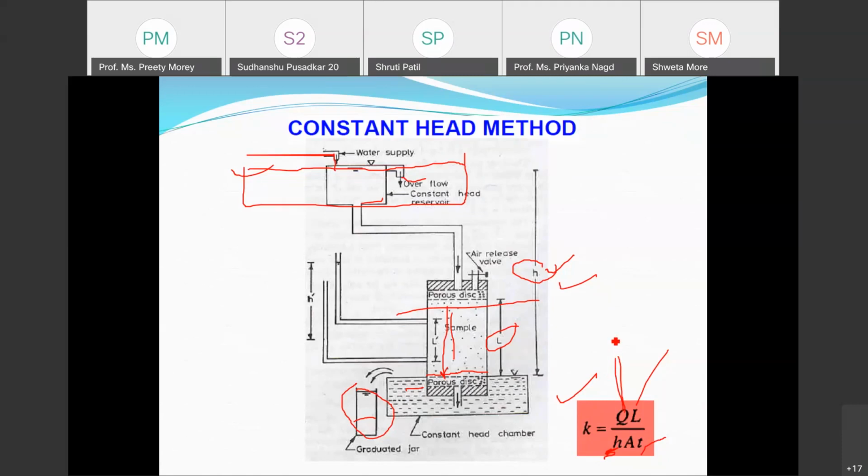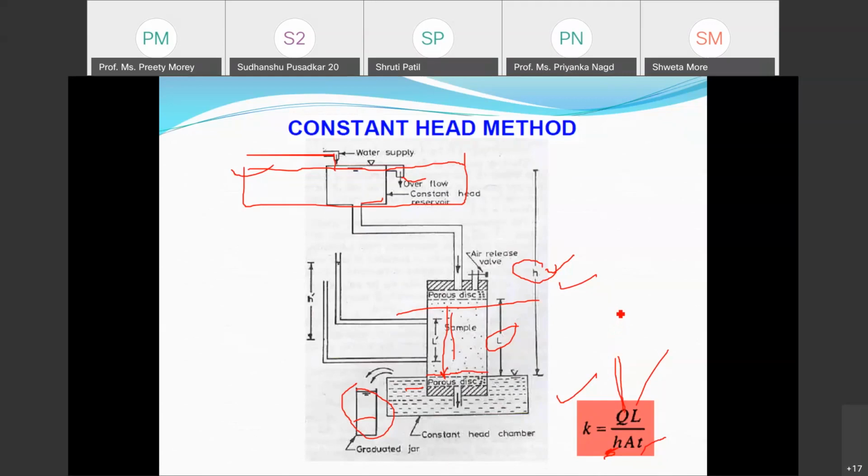Okay, so the time taken for the water to travel will be very large. It may so happen, suppose 1 ml of water comes after 24 hours, we don't know, with the temperature, a certain amount of water might have been exhausted or evaporated. Okay, so hence this method is not useful for fine grained soils.